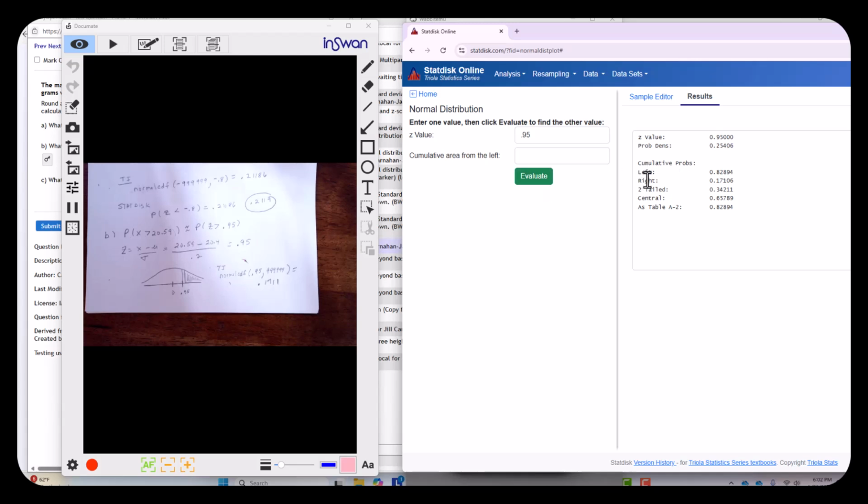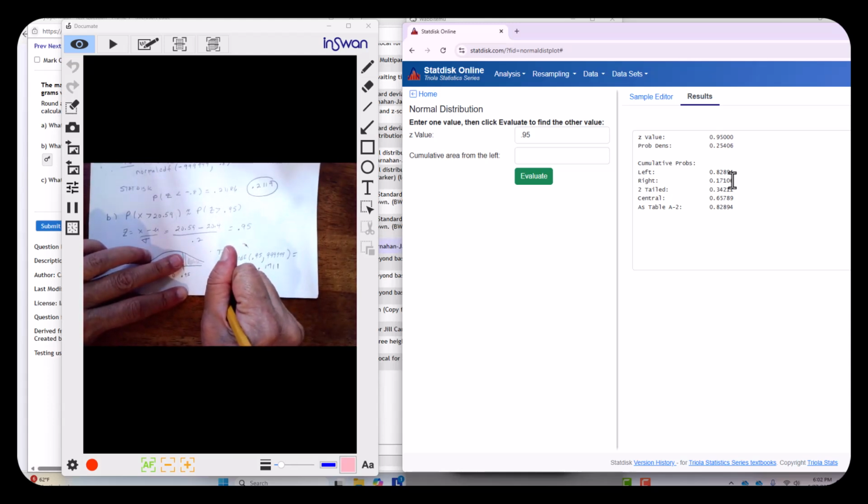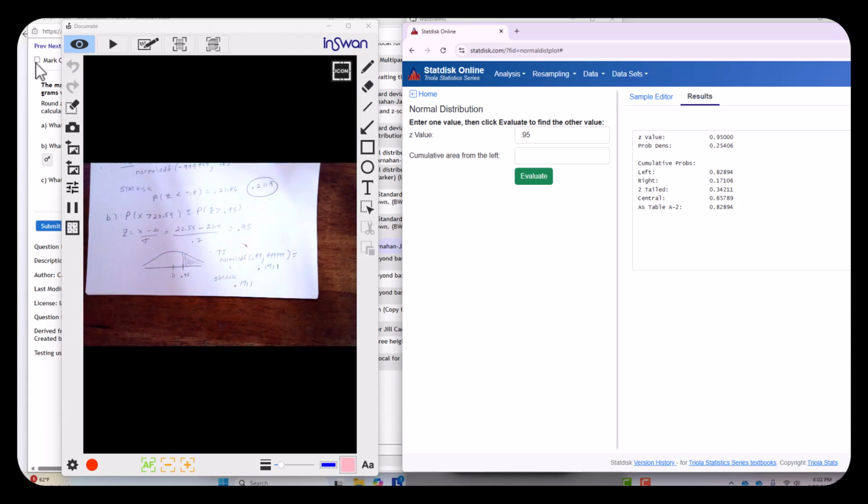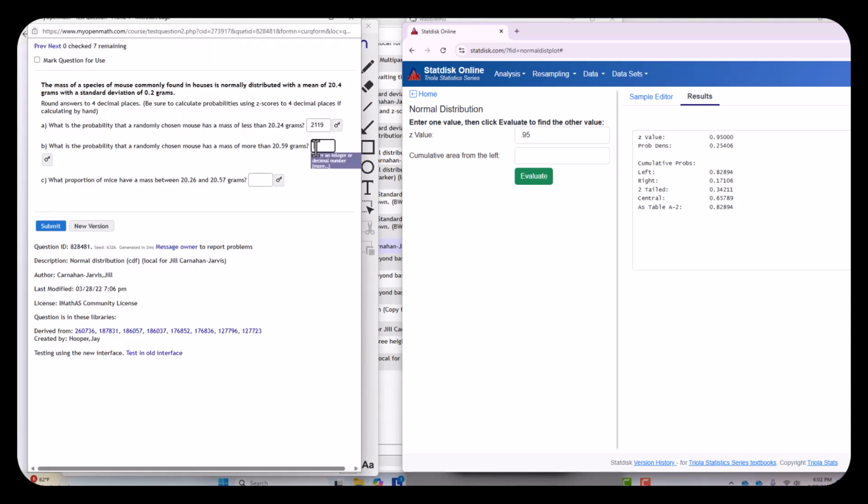Notice the area to the right, which is what we want. Let's write down the StatDisk value. I'm looking here, it's 0.1711. So we're getting the same value. Let's go back here: 0.1711.